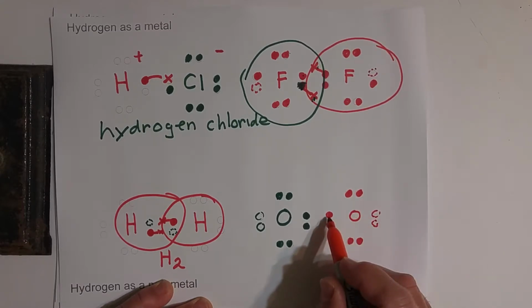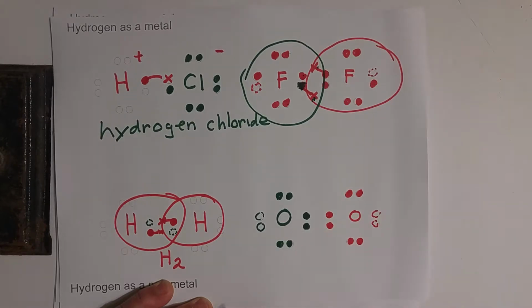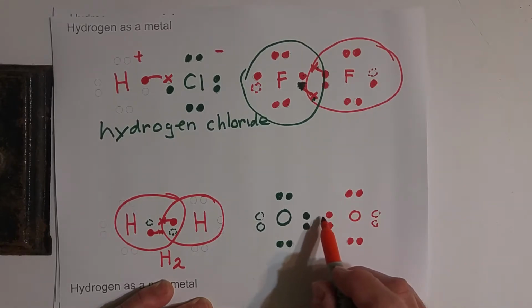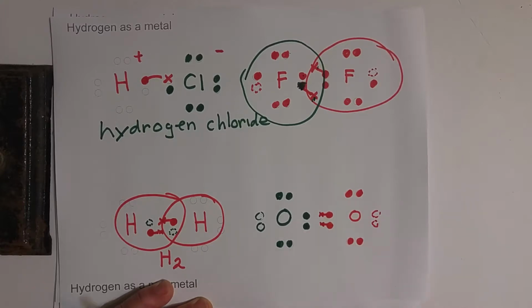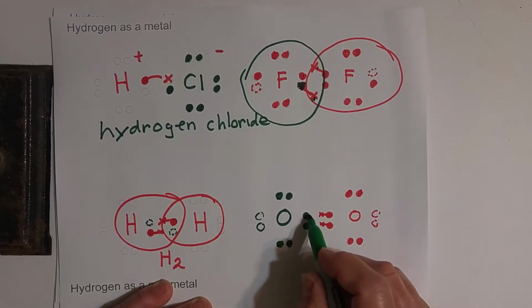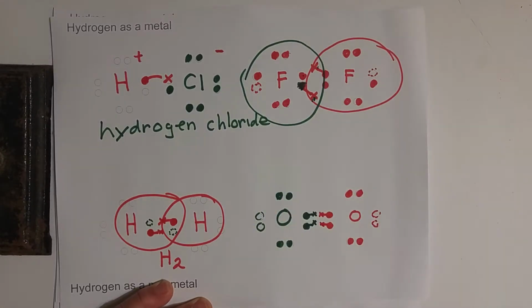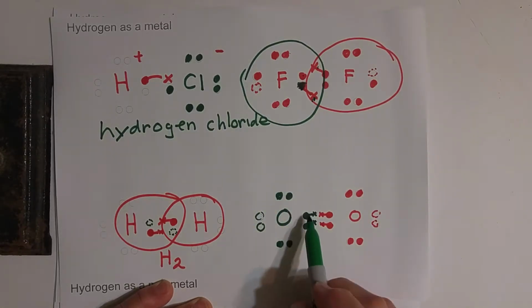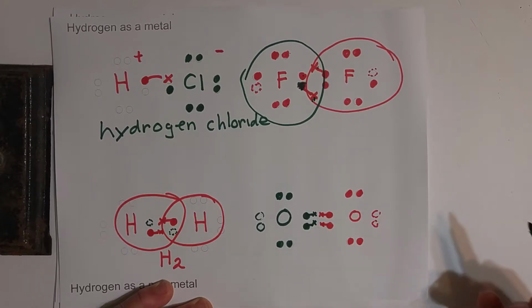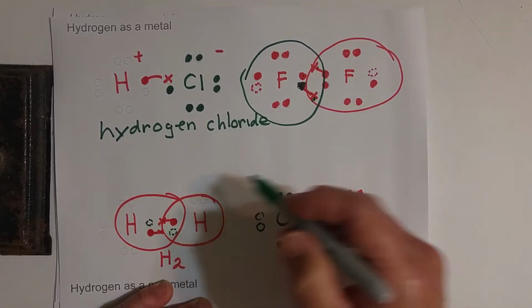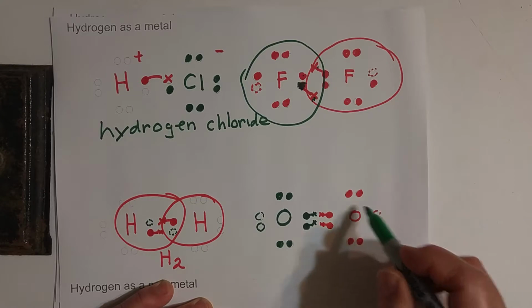So each oxygen will pass it to the center. Now, if you've left yourself lots of room, you can actually go forward to the center like that. If you don't, you can flare them out a little bit. But you understand, if you put the empties here, you're going to wind up doing sharing by diving in. The diagram gets obnoxious looking.